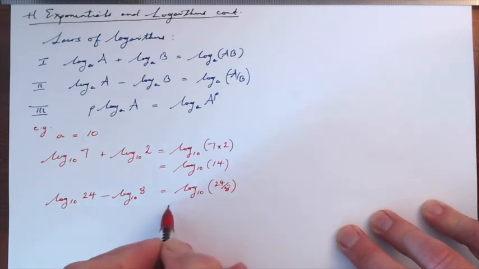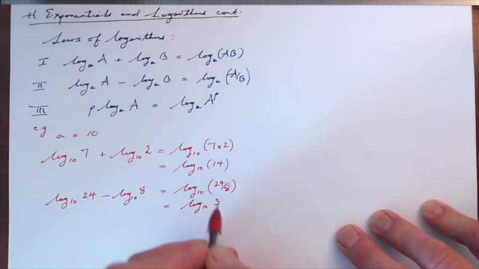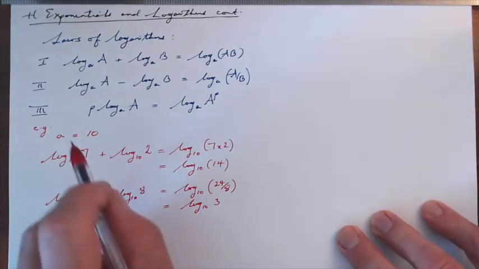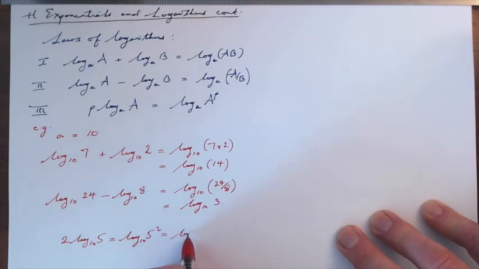And you see this simplifies down very nicely to log to the base 10 of 3. An example of the third law there would be something like if I have 2 log to the base 10 of, say, 5, I could write that as log to the base 10 of 5 squared, which would be log to the base 10 of 25.